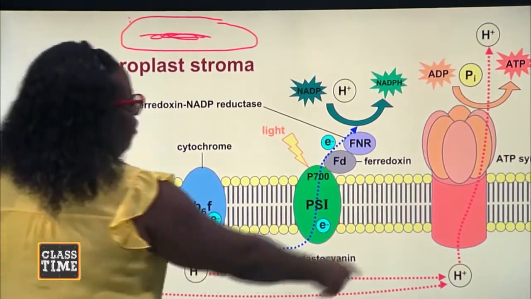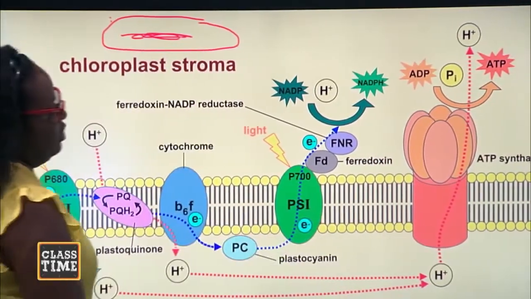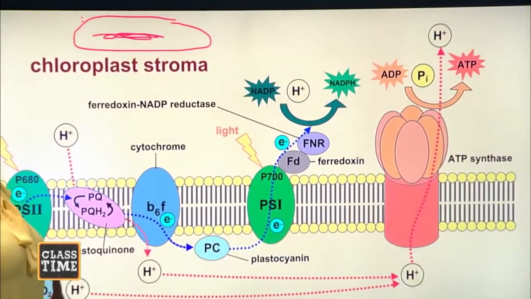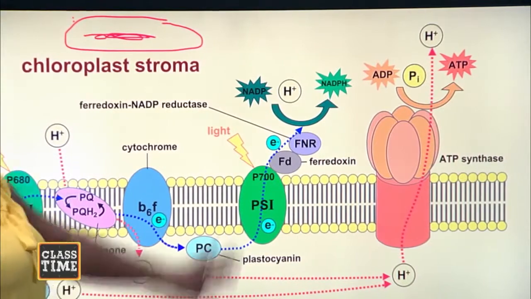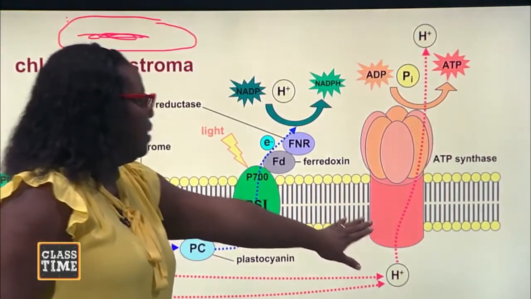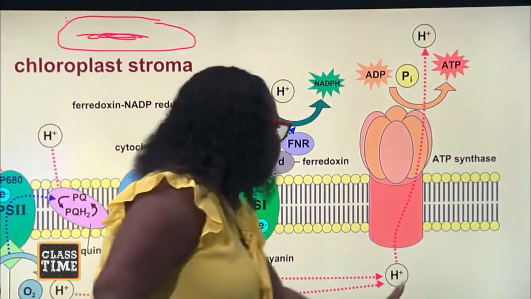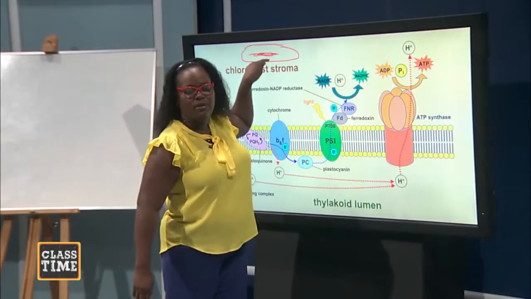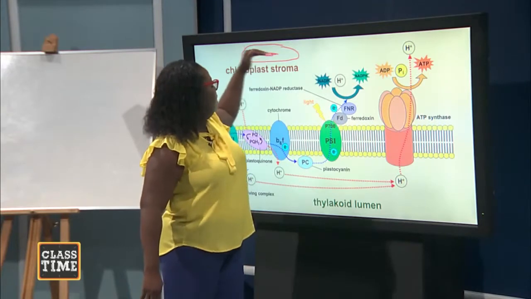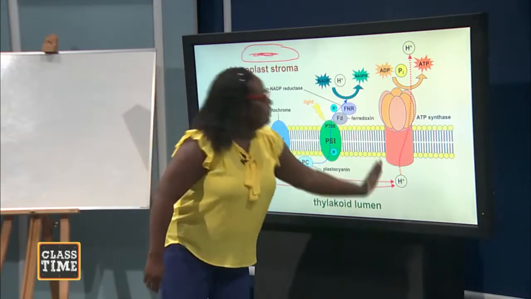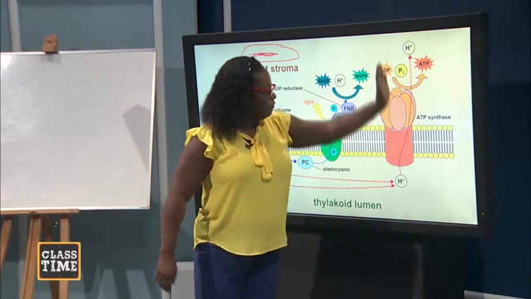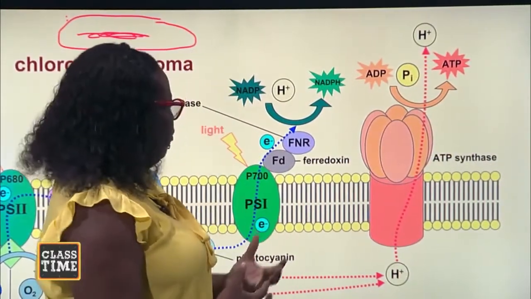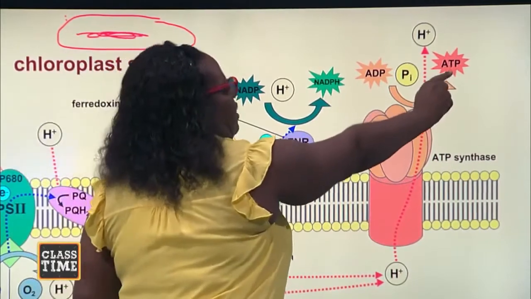They have to go through a particular door, which is called ATP synthase. ATP synthase is a specialized protein that's found on the membrane itself. And what happens is, as the hydrogen ions make their way out from inside of the thylakoid lumen, not the stroma, they pass through this protein molecule, and as they do so, energy is given off for the formation of ATP.